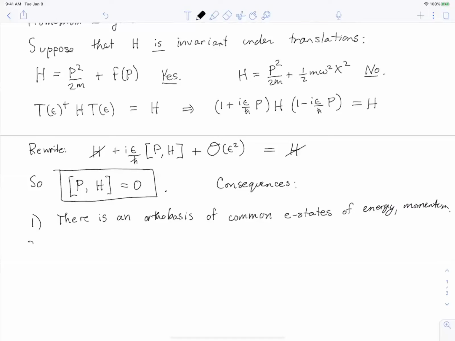Another consequence is that an eigenstate of momentum will remain so at later times.